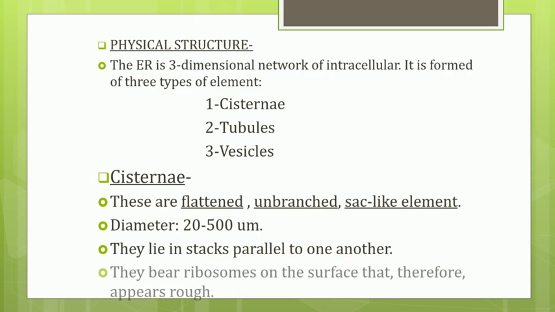And on these cisternae you will find small circular structures which are nothing but the ribosomes present on the surface. Therefore this ER appears rough and we call it rough ER.